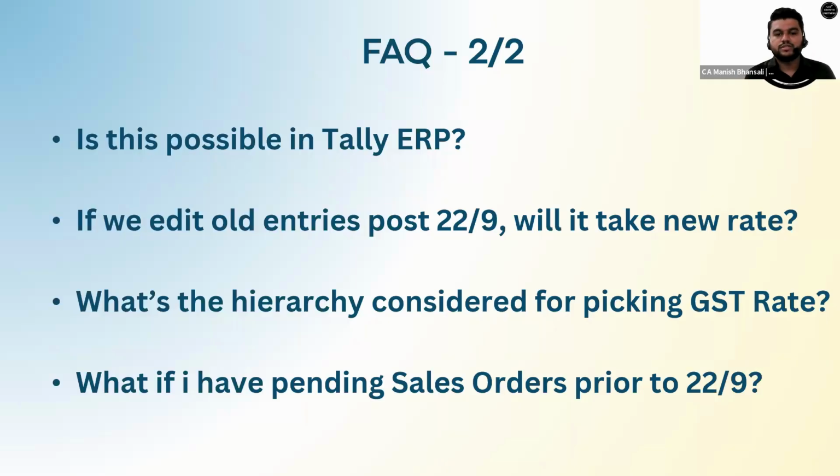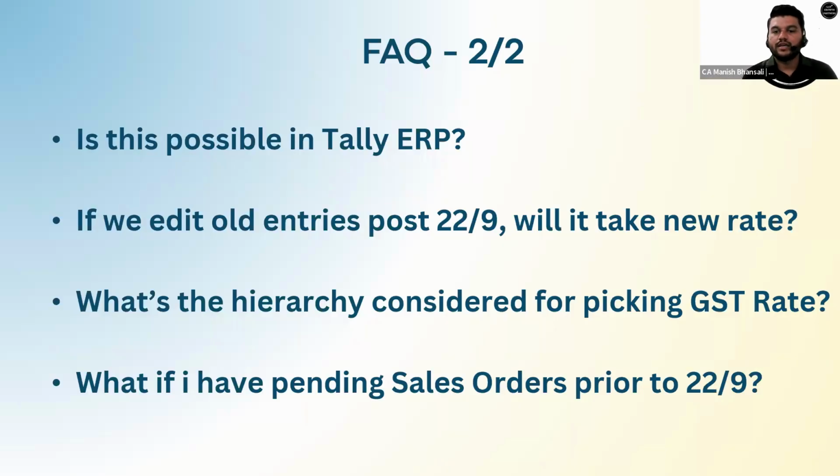For example, sitting on 17th September, I can pass an entry dated 22nd of September and it will pick the new rate. But sitting on 23rd of September, I can also pass an entry dated 18th or 17th of September, and it will take the old rate. This is how it will work. So no matter if you're editing old entries, the rates are not going to change. You do not have to worry.